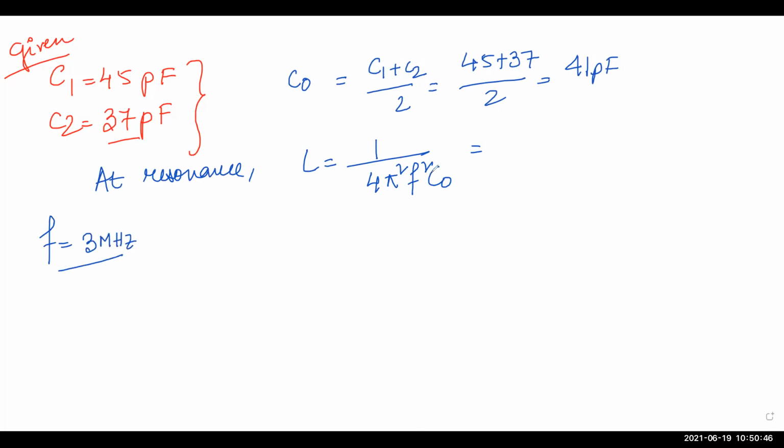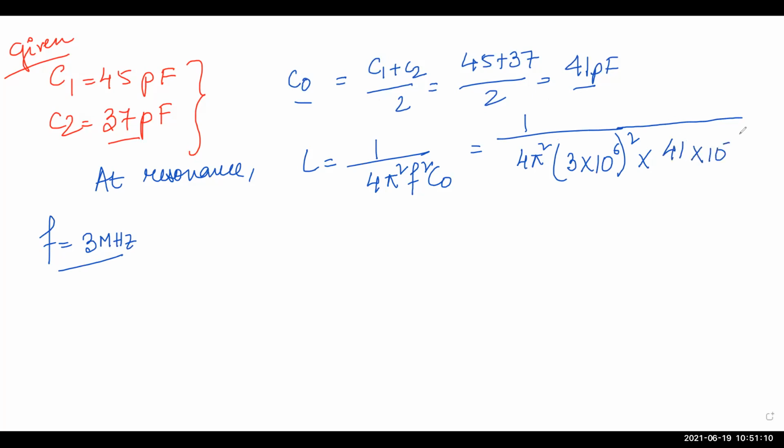So L will be 1 by 4 pi square, F is 3 into 10 to the power 6, whole square, multiplied by C0. C0 is the capacitance required during resonance, that is 41 multiplied by 10 to the power minus 12 farad.